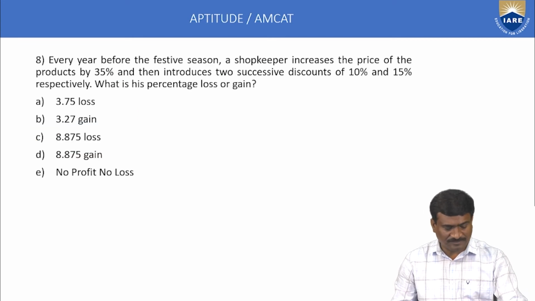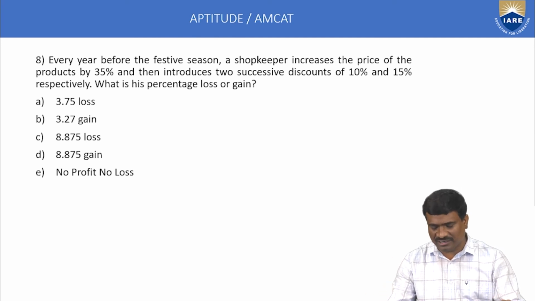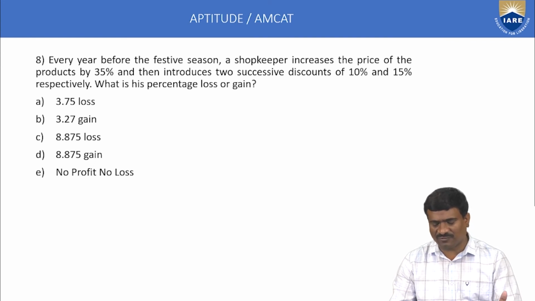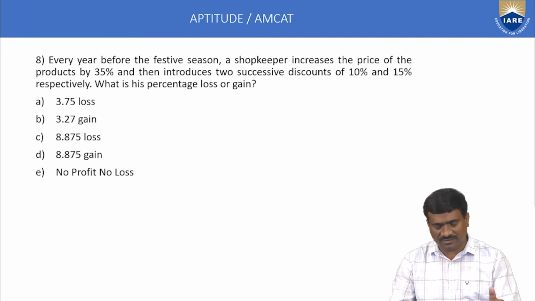Next, the 8th one. Every year before the festive season, a shopkeeper increases the price of the products by 35% and then introduces two successive discounts of 10% and 15% respectively. What is the percentage loss or gain?